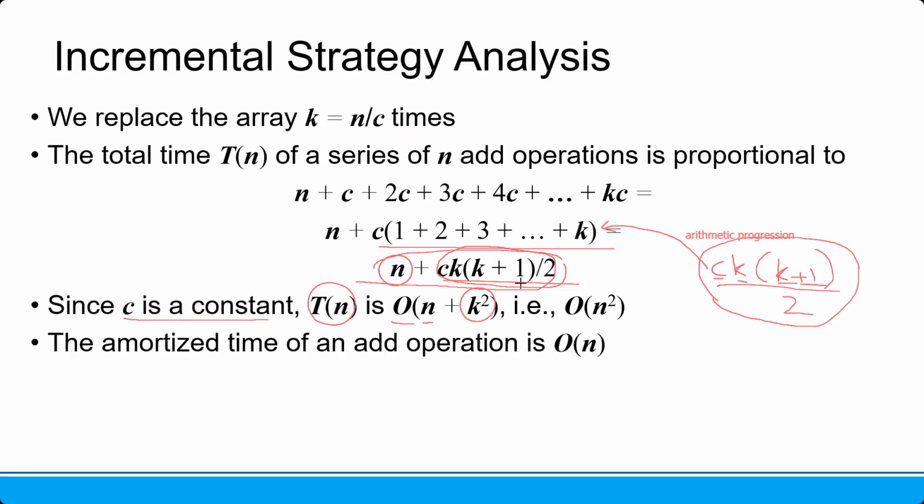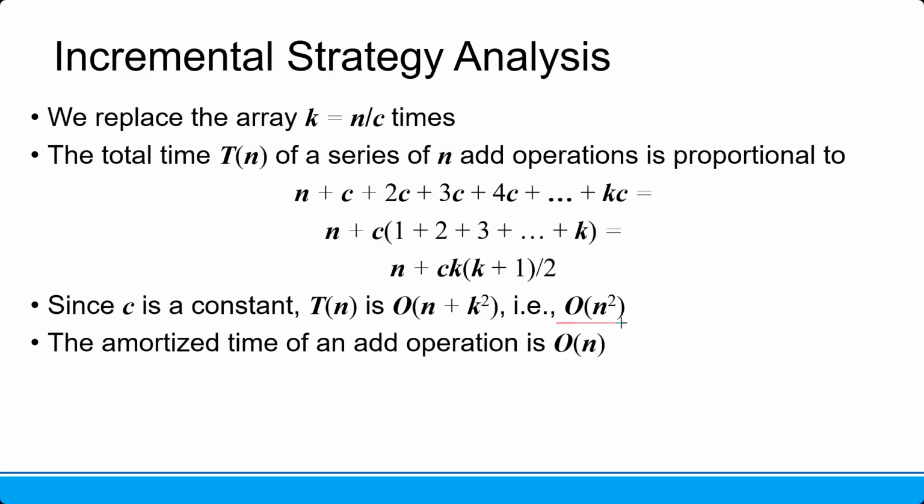Since c times k times k plus 1 is k squared, we know for big O notation that n plus any lower order term can be simplified. So we have O of n squared. The amortized time of an add operation is O n.